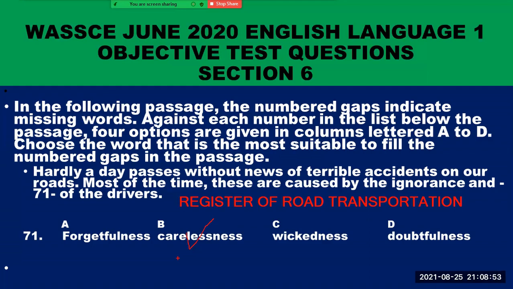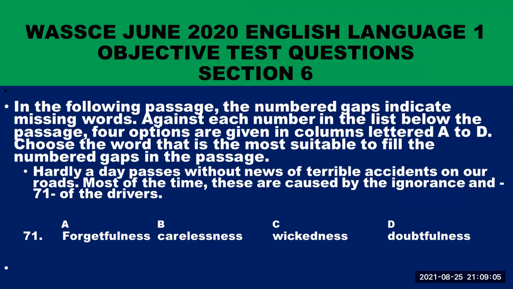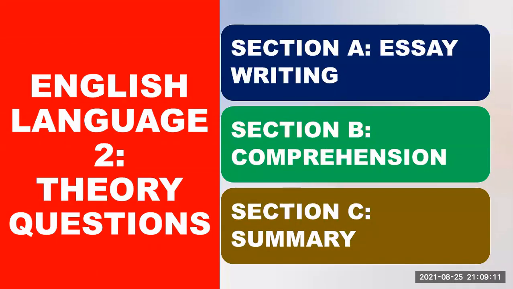All right. Now, having said this, we are through with part 1 of the English language exam, which is objective test questions. So now let's go to part 2. And here, English language 2 is about theory questions.